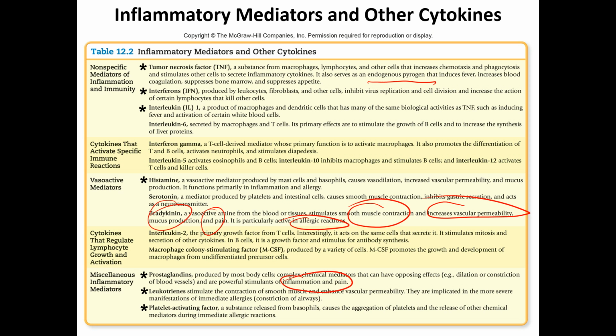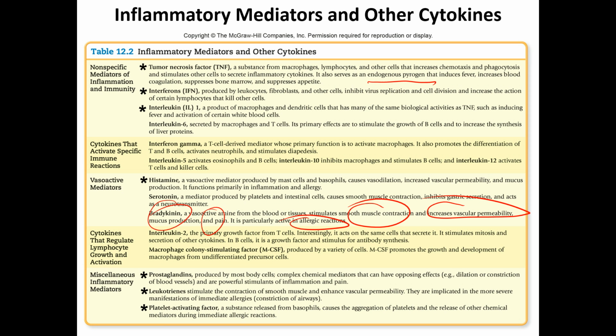Leukotrienes. Histamine is not the only trigger for an allergic response. You also have leukotrienes that play a role in stimulating the contraction of smooth muscle, which you would find within the throat, your pharynx, your trachea, and so this causes symptoms such as more severe manifestations of allergies like anaphylaxis.